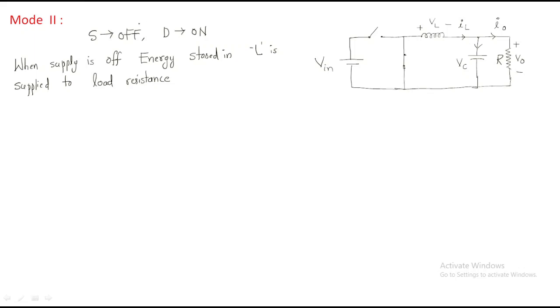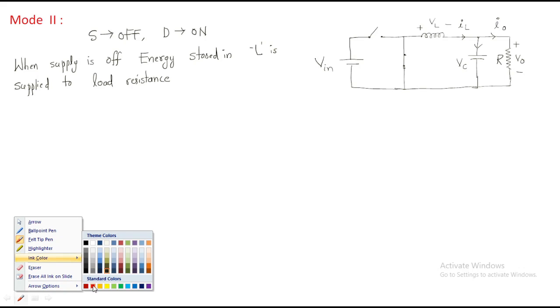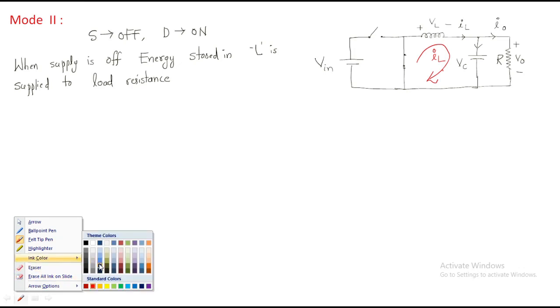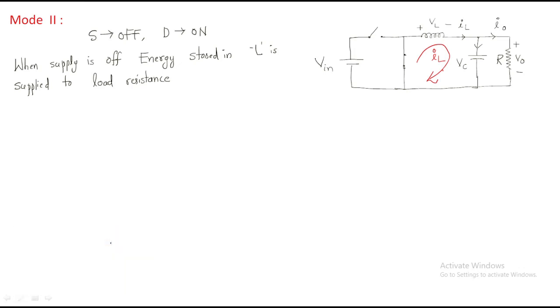Now we can apply the same KVL here. There is no supply voltage, you can take it as 0, and the voltage across the inductor is VL and the output voltage is V0. So 0 equals VL plus V0.